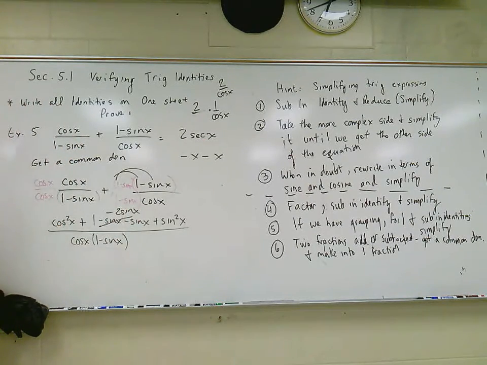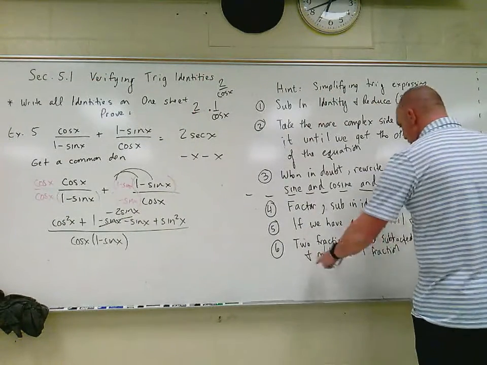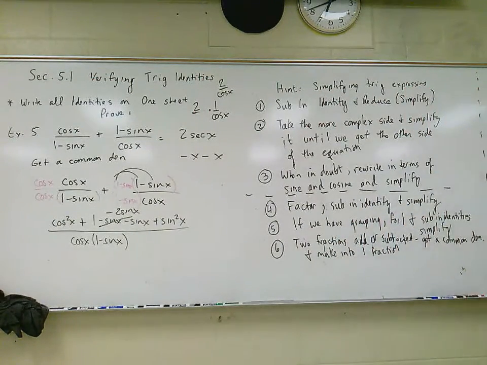Now, okay, there's an identity on the board. It's hard to see it, but there is a 1. So notice, after you do your 2 fractions, add or subtract them, get a common denominator, and make it into 1 fraction, there's an identity. Anybody see the identity? It's not in the bottom. That's part of it.